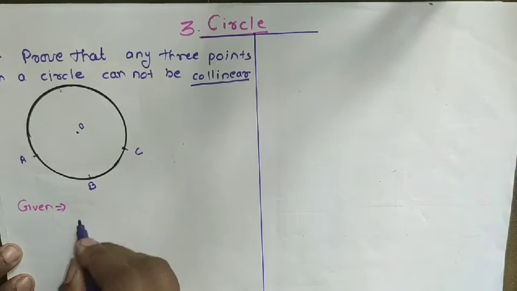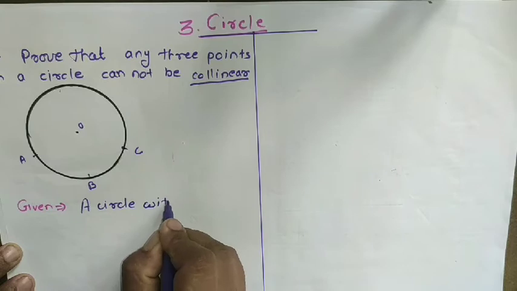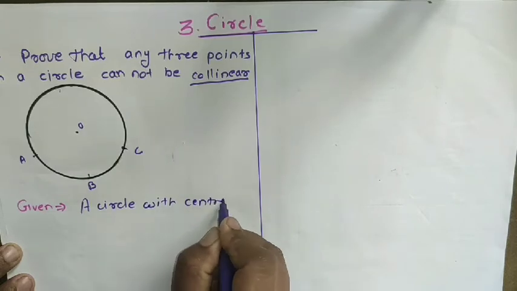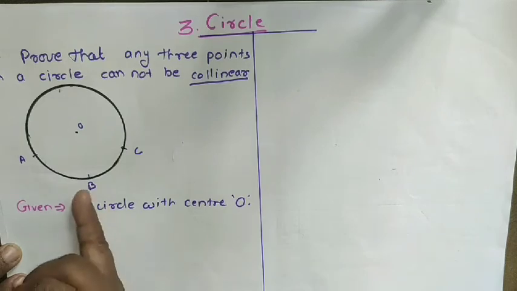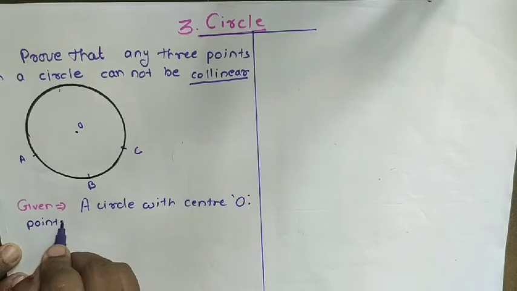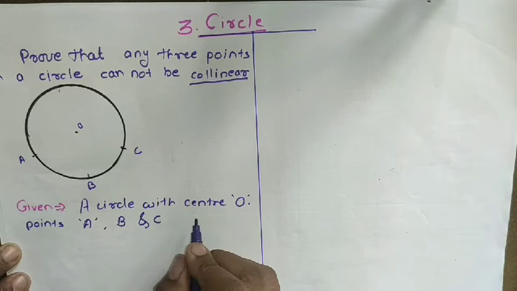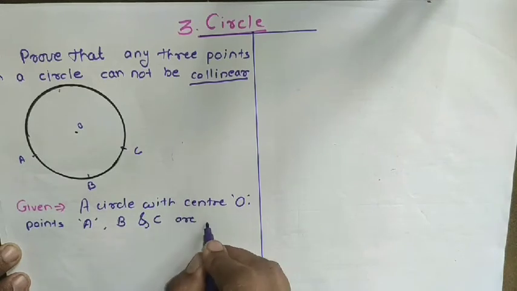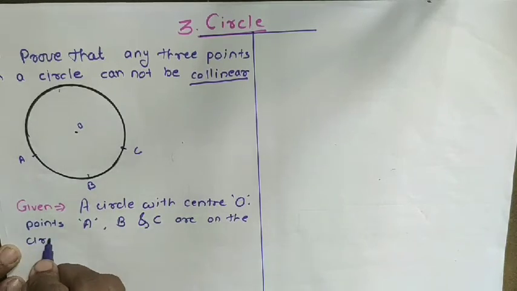A circle with center O. Points A, B and C are on the circle.